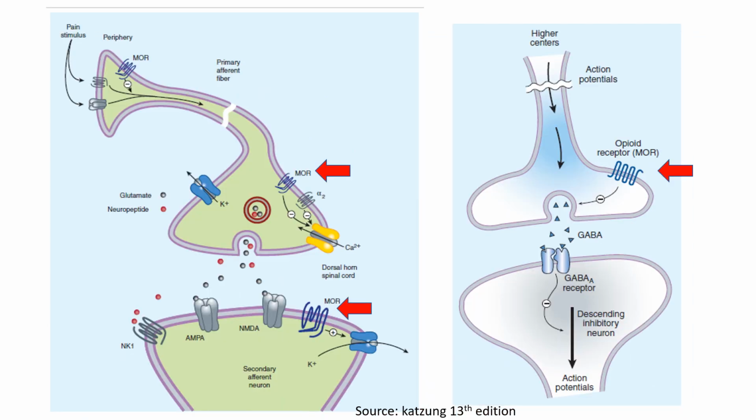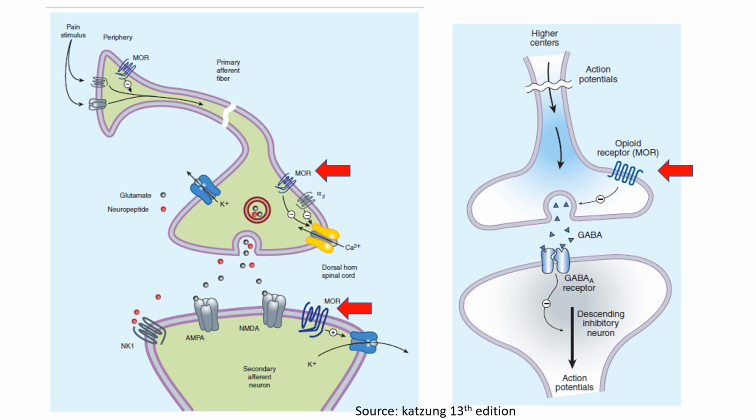Here you can see the first picture is at the site of the synapse between the primary and the secondary afferent neuron at the level of the periphery, the site of pain. You can see the release of neurotransmitters like glutamate and neuropeptide is responsible for the transmission of pain impulses.